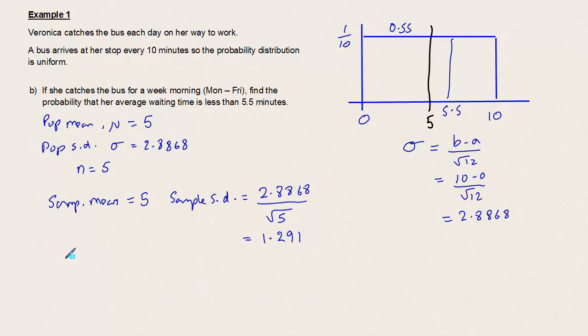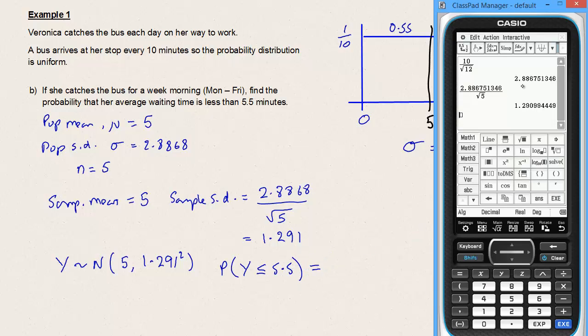So if we consider that y is a normal distribution with mean 5 and standard deviation 1.291, so the parameter here needs to be 1.291 squared, and we're after the probability of y being less than or equal to 5.5, then we can go to our normal distribution.